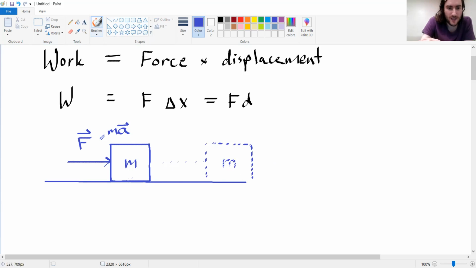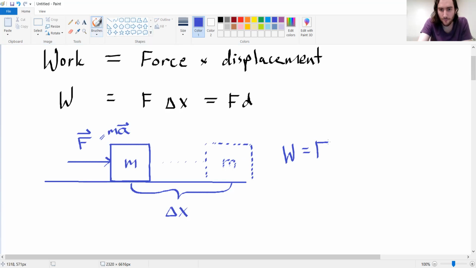It's traveled a distance d, or it has been displaced by an amount delta x. You can use x or d if you want. This applied force pushes this mass this displacement delta x. And so the amount of work done in moving this mass is equal to the force applied times that displacement delta x.